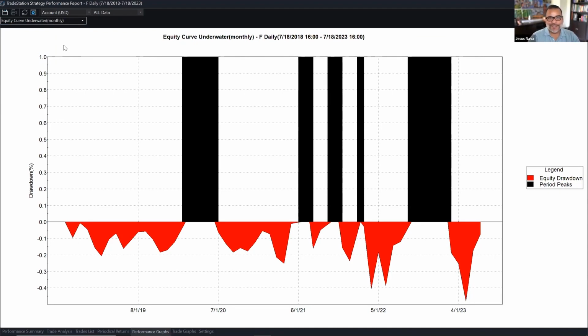I was going to say that it doesn't give you the 5 years, but it does. This is just a monthly representation of where the equity has been. Every time that you see a black box, that means that your equity reached a new high that month, and I can click and hold and see the details here.